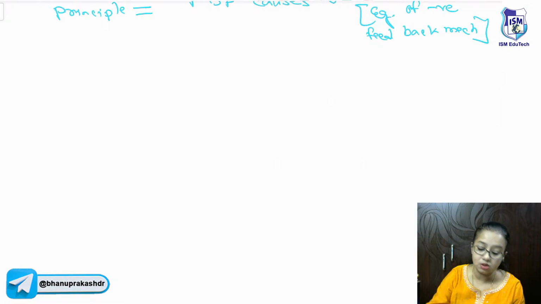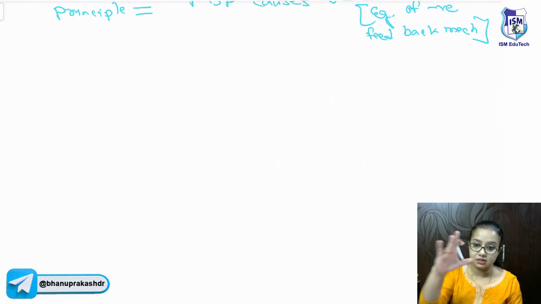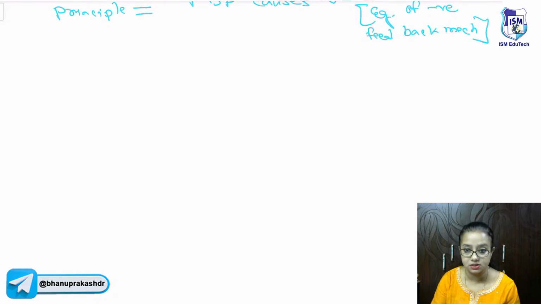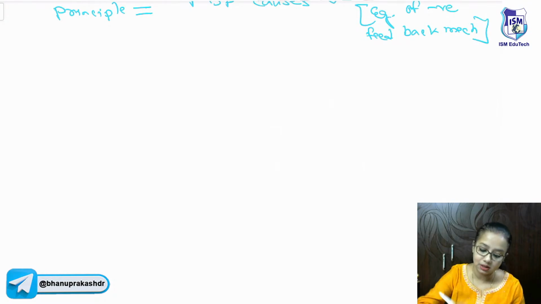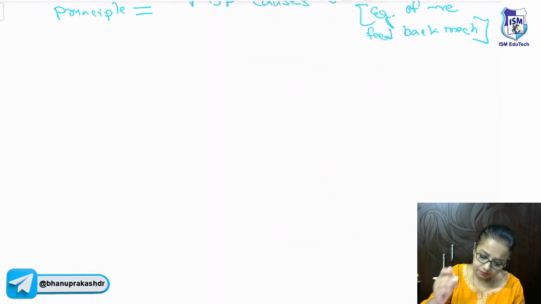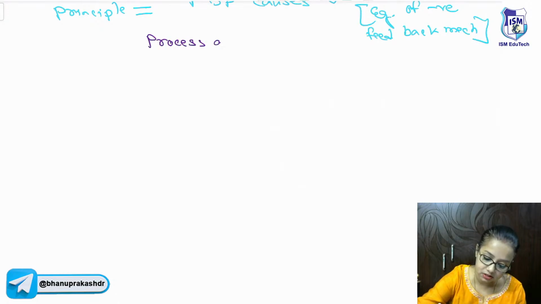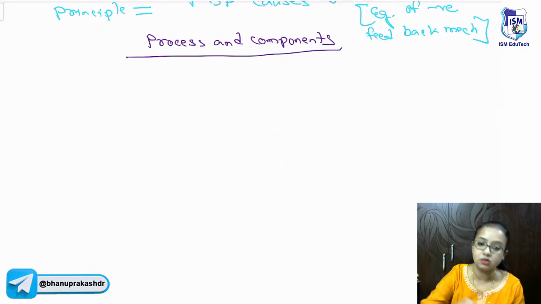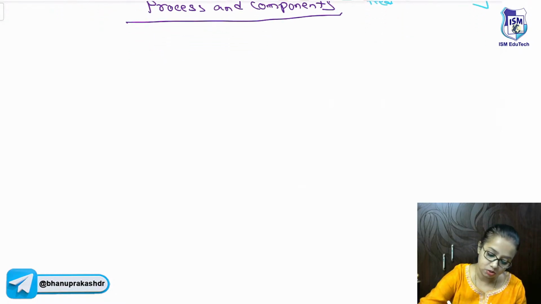Now, this whole system, where the increase causes the decrease, has a cascade of components. We'll study the process and the components side by side so that we can correlate them. So, increase in the blood pressure.